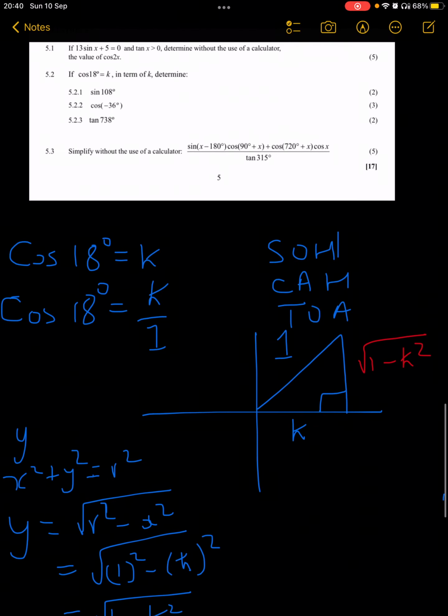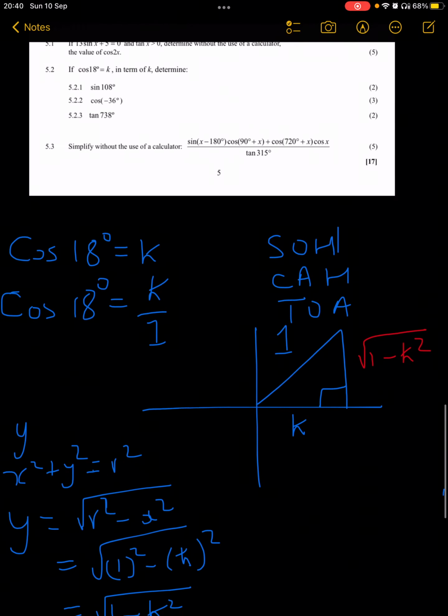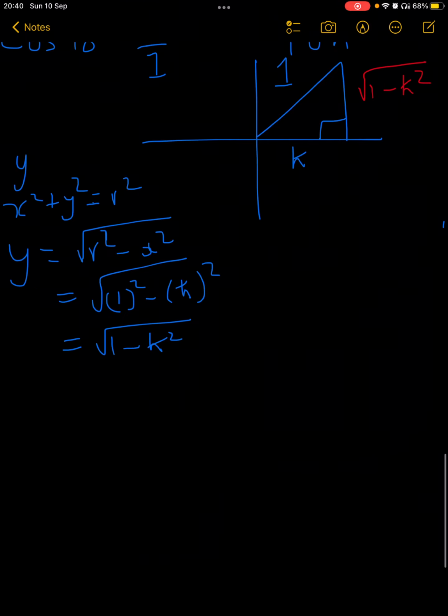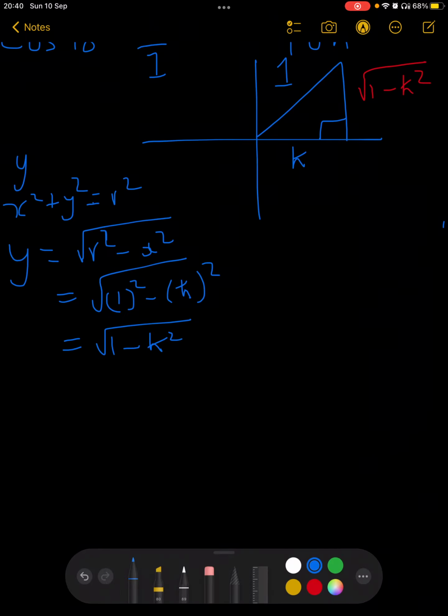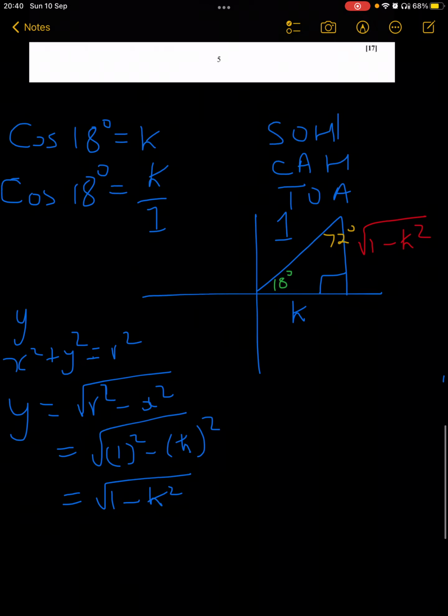Next up, they say determine sine 108. Before we get to sine 108, cos of 18. I'd like to use my green for 18 degrees here and my yellow for 90 minus 18, that will be 72, at the top here. You will see why I am doing that.